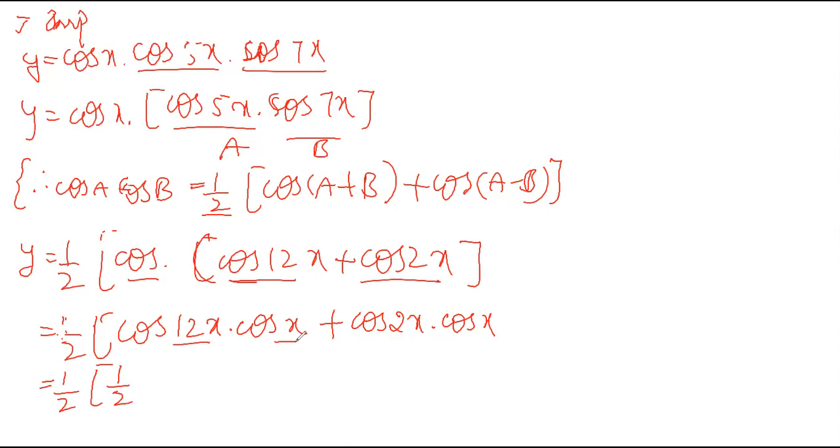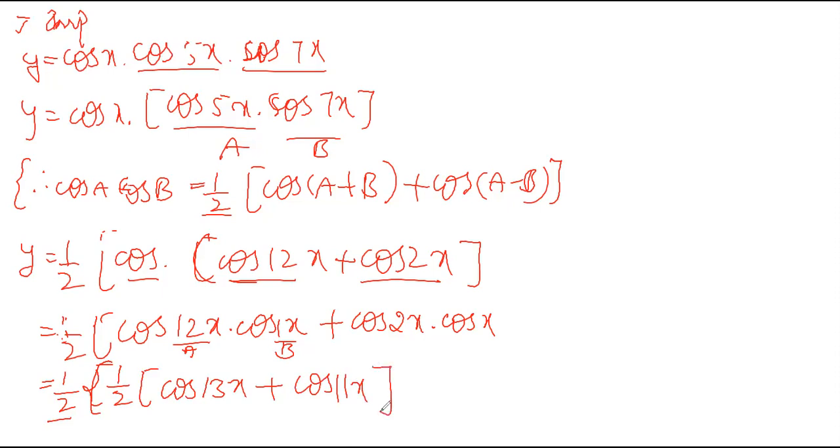Here A means 12, B means 1, so 12 plus 1 is 13. I write directly 1 by 2 into 1 by 2, after that the formula applied: 1 by 2 into cos of A plus B, 12 plus 1 is 13, that is cos 13x, plus 12 minus 1 means that is 11, cos 11x.